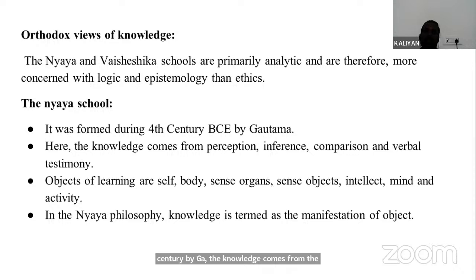That means pratyaksha, upamana, anumana, and verbal testimony, which is sabda. The objects of learning are self, body, sense organ, sense object, intellect, mind, and activity. Nyaya philosophy means knowledge is termed a manifestation of the object. So we learn through the object, that is the Nyaya school.